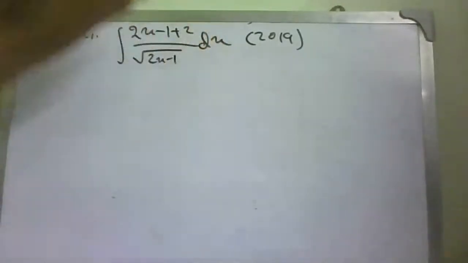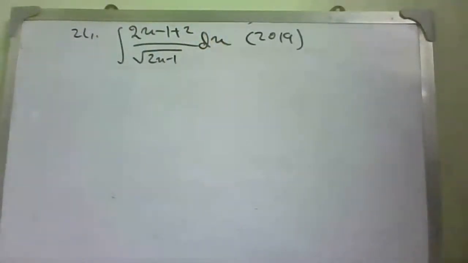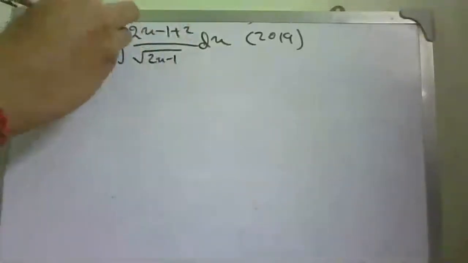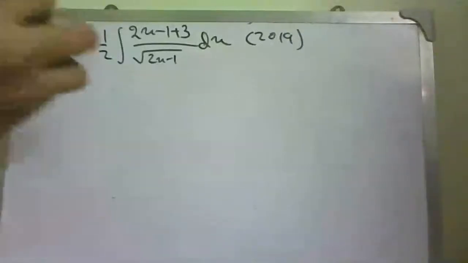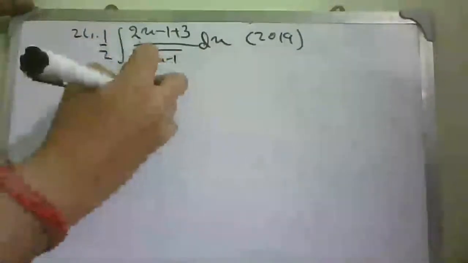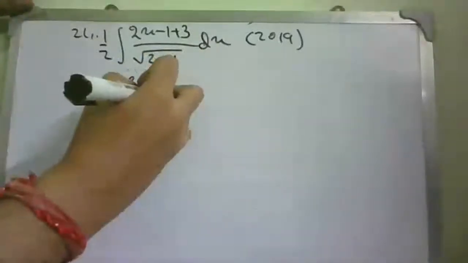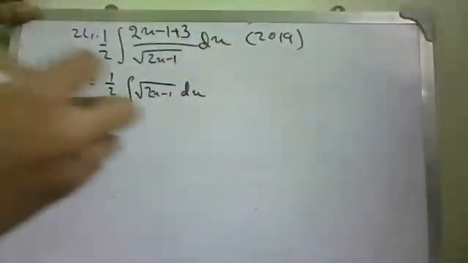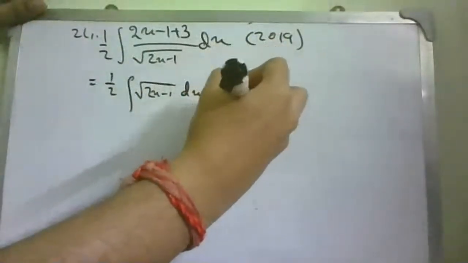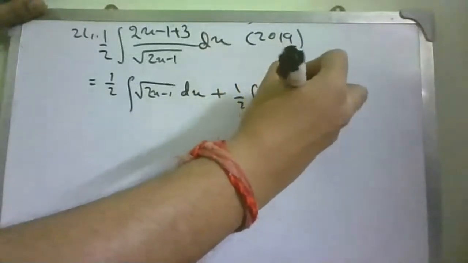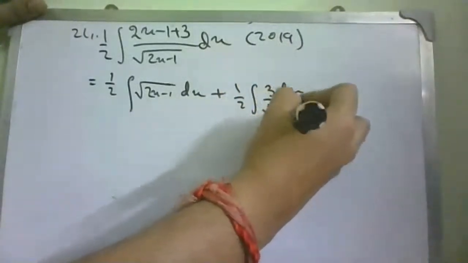minus 1 plus 2, because we had x plus 1 in the numerator. 2x minus 1 plus 3, because yes, that's fine. So let's see what we have. Half times half of 2x minus 1 dx plus half of 3 dx over 2x minus 1.